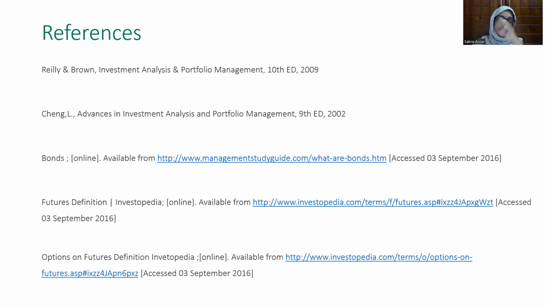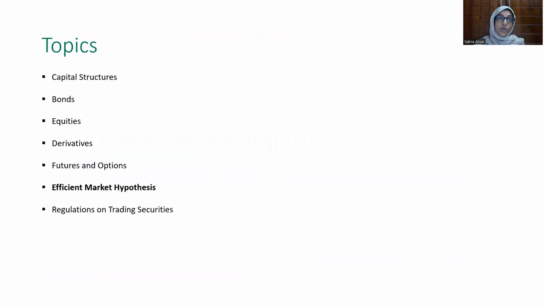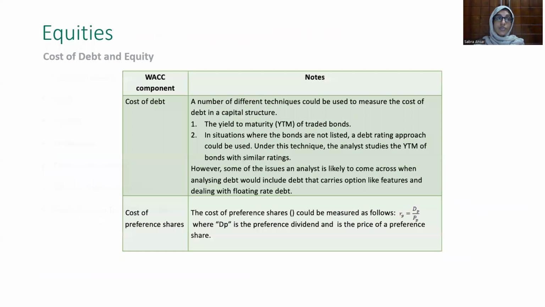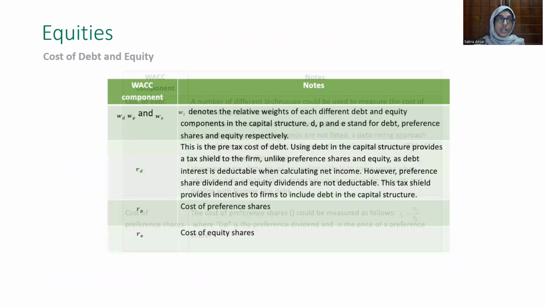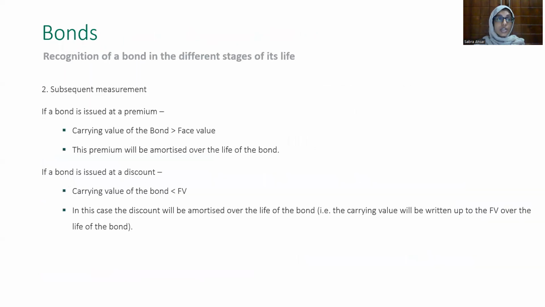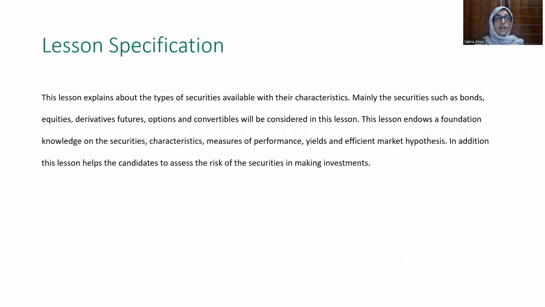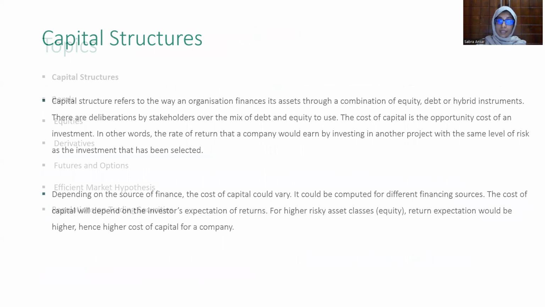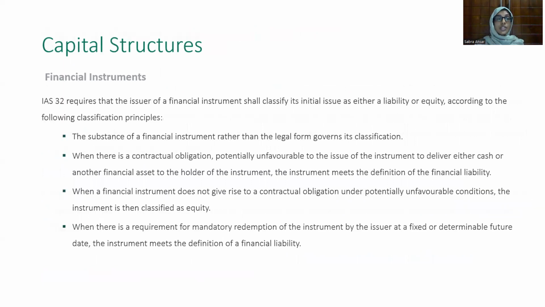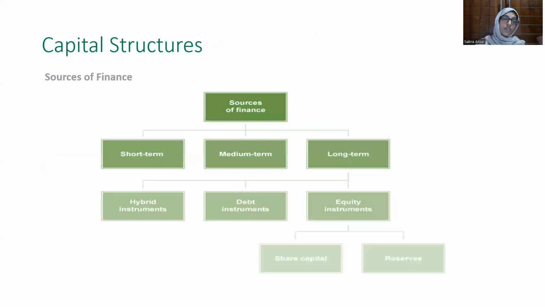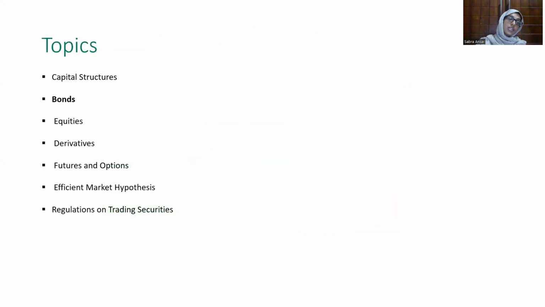So moving on, I just want to do a recap of the whole lesson that we have completed during these 3 sessions. First we talked about capital structures, financial instruments, and then different sources of finance.